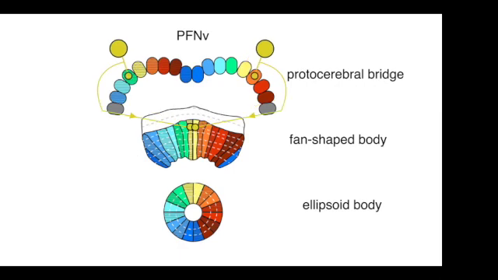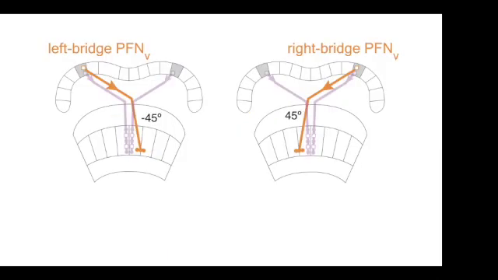Again, these are a whole set of neurons, one for every column, and for every one of these what are called glomeruli in the protocerebral bridge, and they're all offset. So if I gave you a summary here, it looks like this. In the left bridge, they shift by 45 degrees to the right, which in my bizarre convention is minus 45 degrees. And in the right bridge, they shift one to the left.